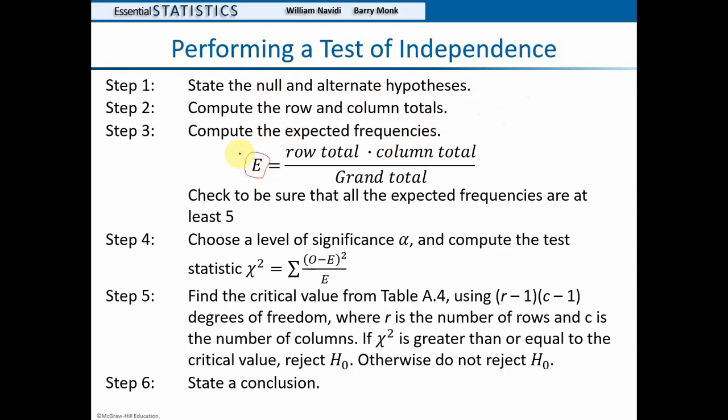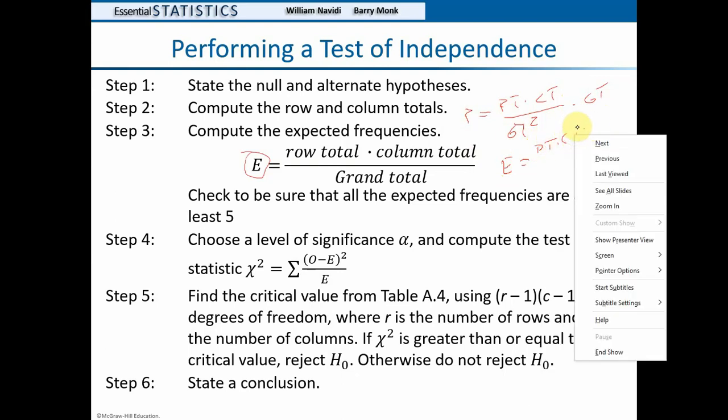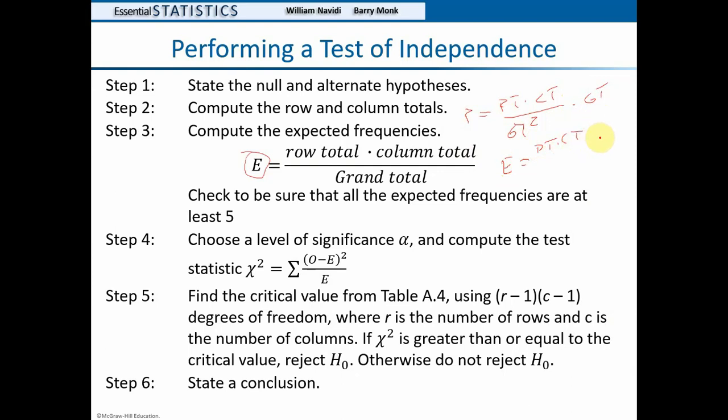Here's the expected value. The probability would be row total times column total divided by the grand total squared. Remember, this would be grand total and grand total. But we're going to multiply times the grand total, and that'll give us row total times column total over the grand total.